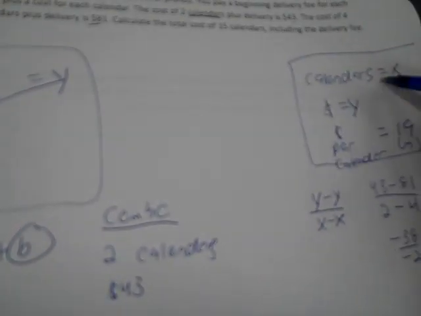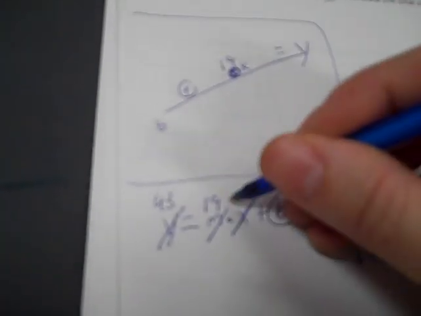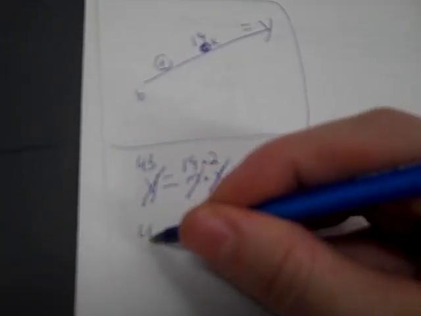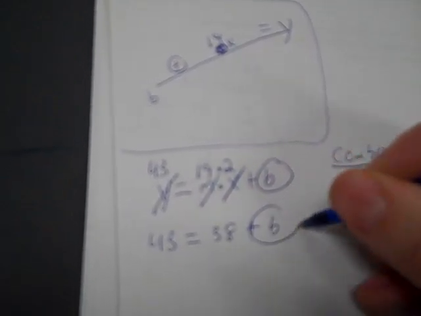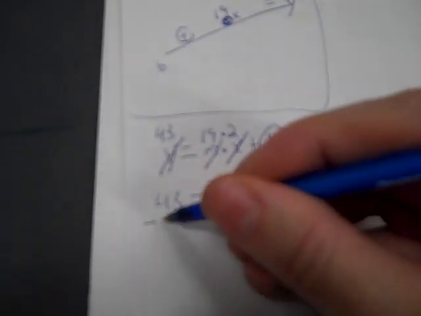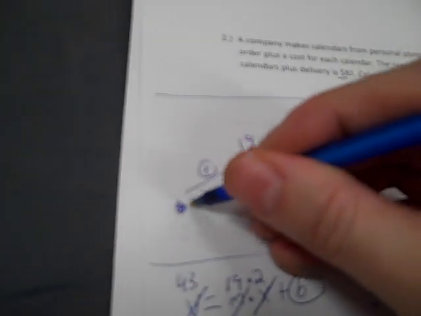The calendars is X and the dollars is Y. So 43 is Y, and I take my 19 times 2, which is 38. 38 is positive, so we're going to subtract that. So 5 equals B. My beginning cost is $5.